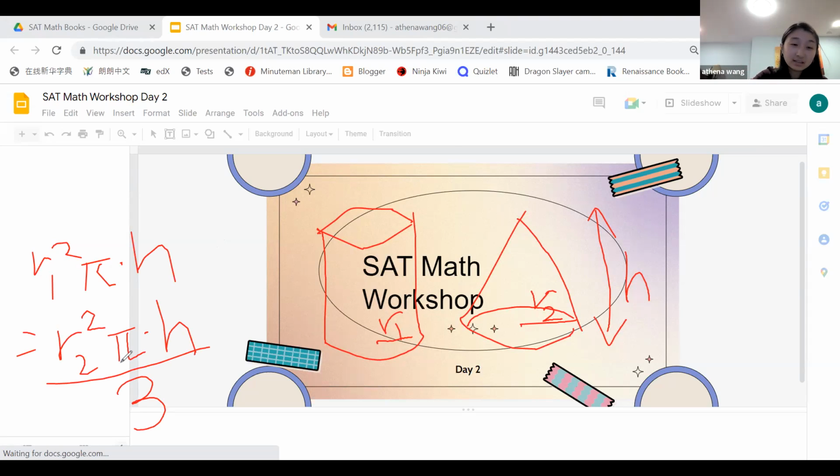Okay, so then we can cancel out the pi times the h on both sides, and so we have that R2 squared over R1 squared is 3.